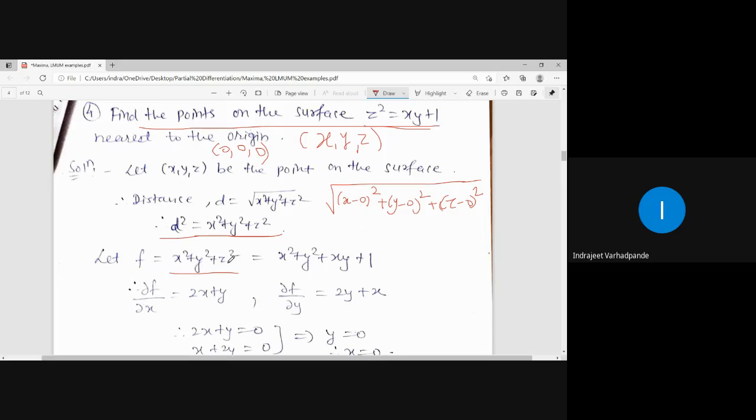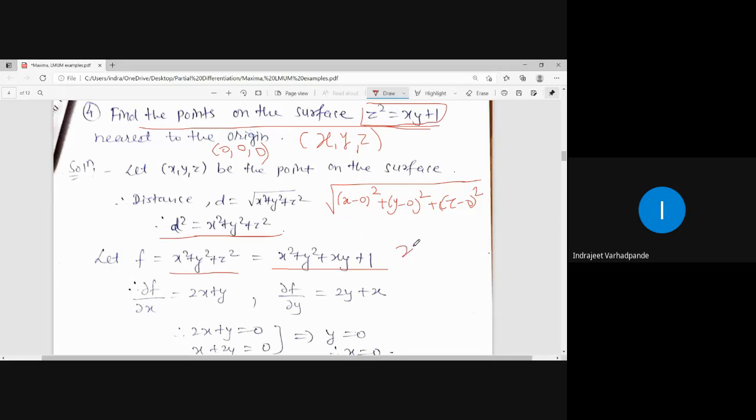Now I told you that for calculating the maxima and minima, the third variable should be converted to the second. So here I observe that the equation of the surface is itself given: z square is equal to xy plus 1. So what is my function becoming now? x square plus y square plus xy plus 1.